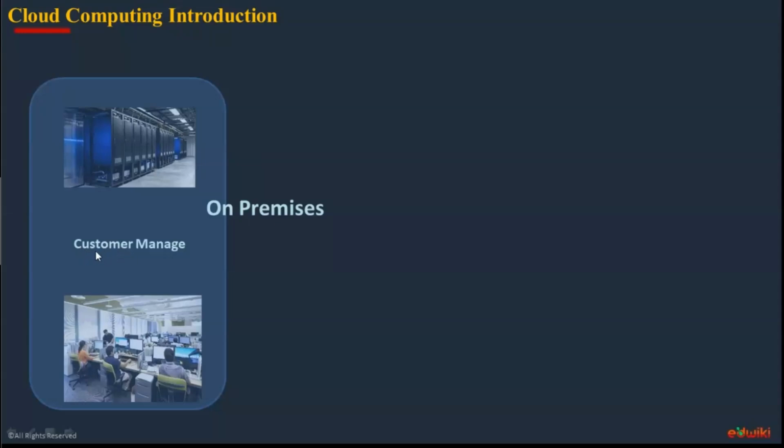Here, when I use the terminology customer, I mean the business owner, like whoever is running the business or whoever is the owner of the website, in other words, right? So that guy himself has to purchase and maintain their own data center, right? That setup is called an on-premises data center.